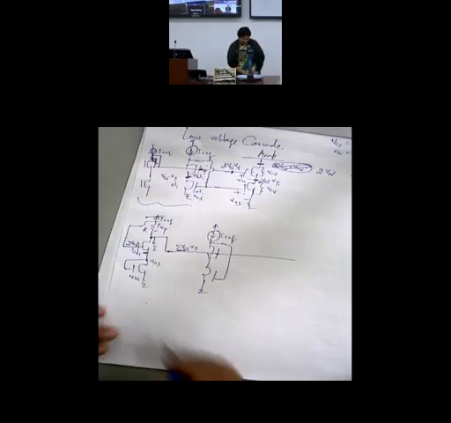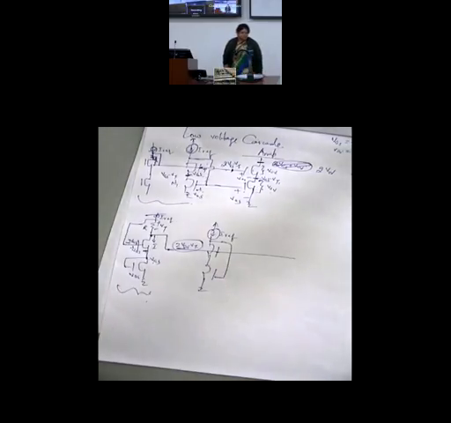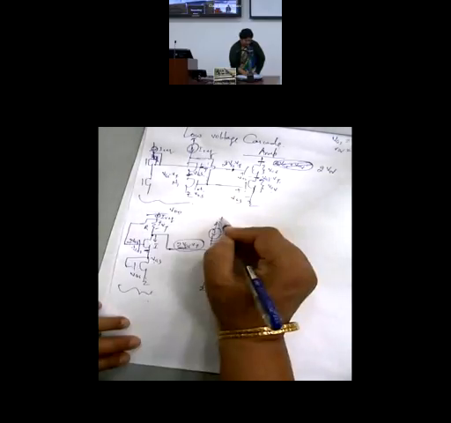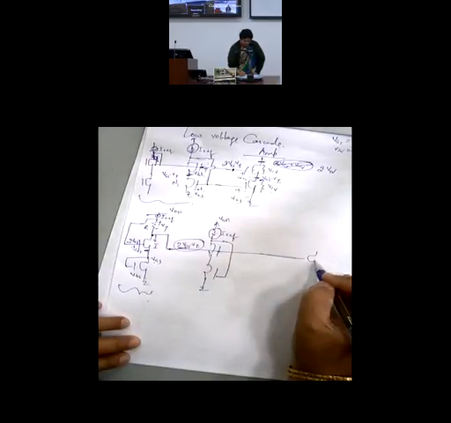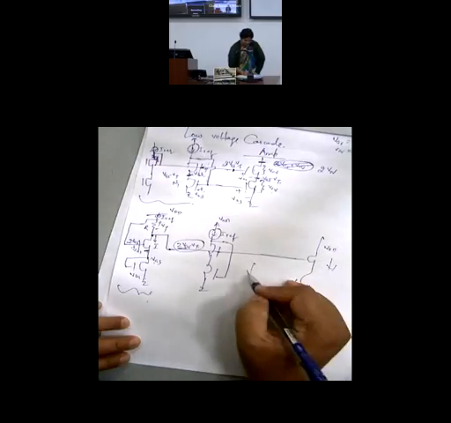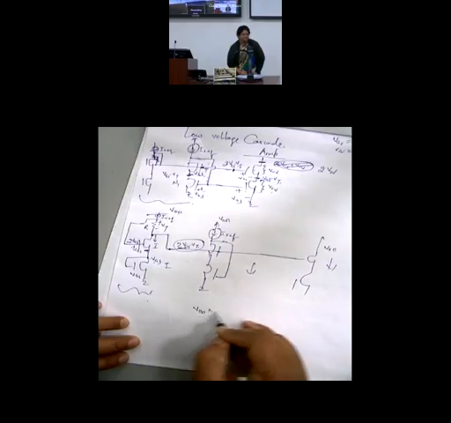But then I have to add extra circuitry because this is to be generated. This is a drawback. You are consuming more power. Because total power is now going to be VDD here, and VDD will be coming here also. So total DC power consumption will be VDD into 3I.